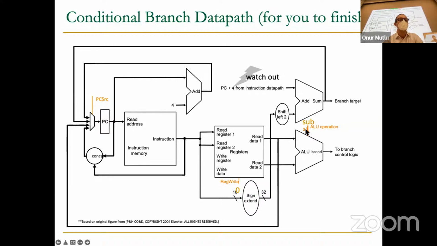So the ALU should check whether the source register and destination register are equal, and if they're equal, and if this instruction is branch equal, then you take the target address that's computed over here and place it into the PC.